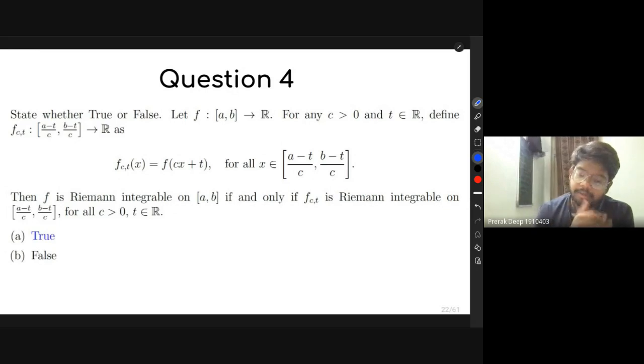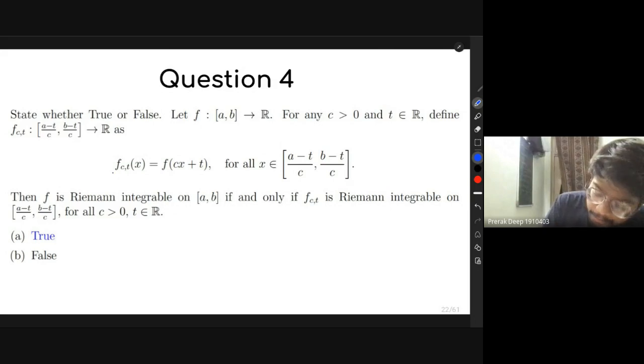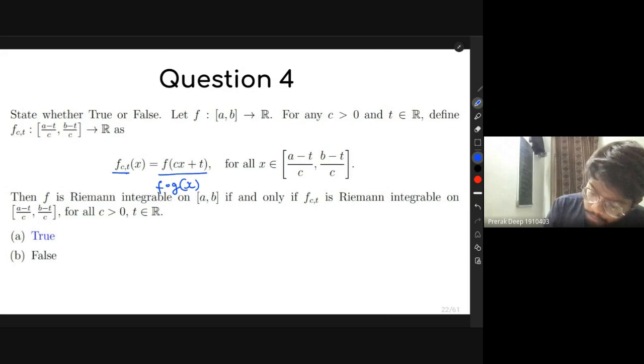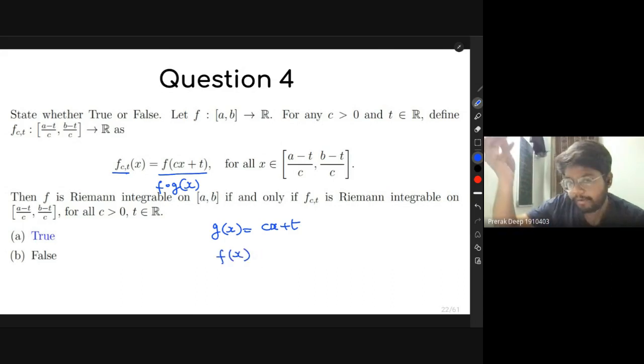Sorry. So this function f_{c,t} can be thought of as a composition of two functions, where function g is a linear function. You can think of g as a function which is defined to be this, and f is a function which has some definition.